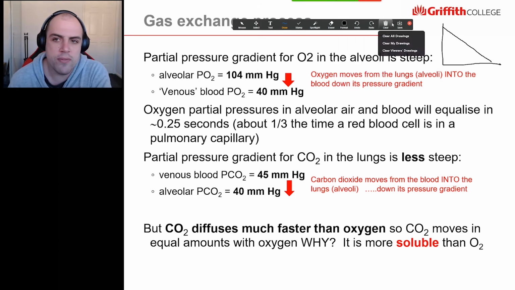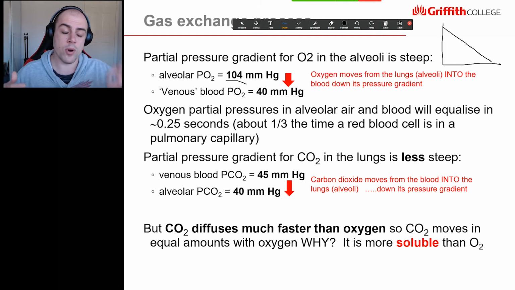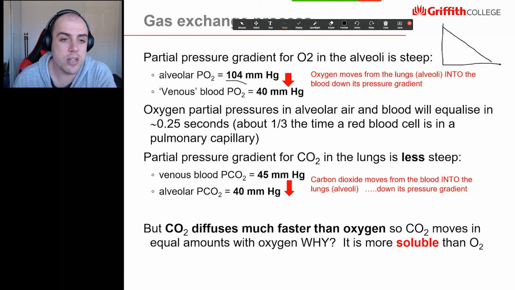The partial pressure of oxygen in the alveoli is around 104 millimeters of mercury, whereas the partial pressure of oxygen in our venous blood supply, our deoxygenated blood, is only 40. So that's nearly a threefold difference in terms of concentration gradient. Again, oxygen is going to move from a high partial pressure to a low partial pressure, which means oxygen is going to move from the alveoli into our venous blood supply here.